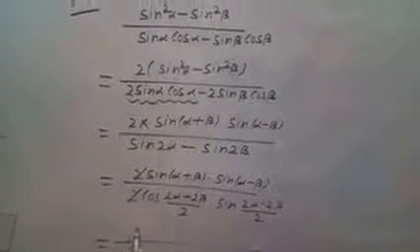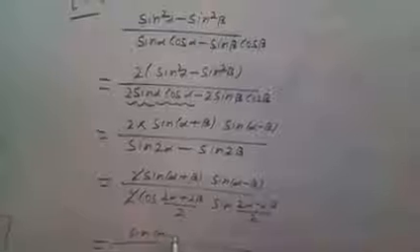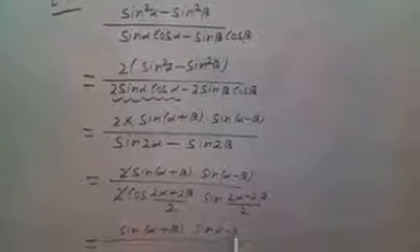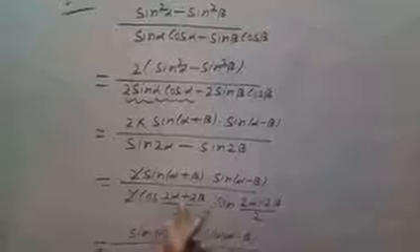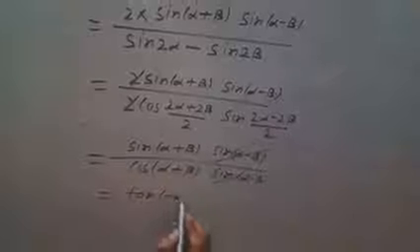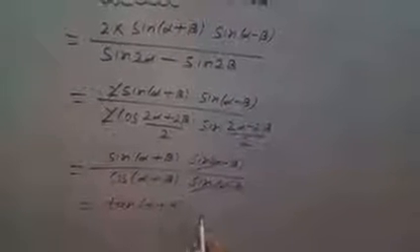Now these two cancel out. So here sin alpha plus beta, sin alpha minus beta. If we take 2 common, then 2 cancels out. Alpha plus beta. Here sin alpha minus beta. Now these two are the same, so they cancel out. Now sin upon cos, tan. And this is what we need to prove. So this is our right hand side.